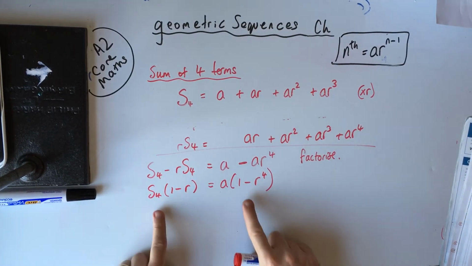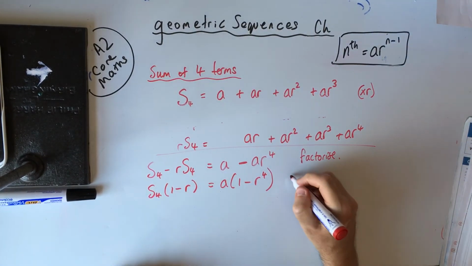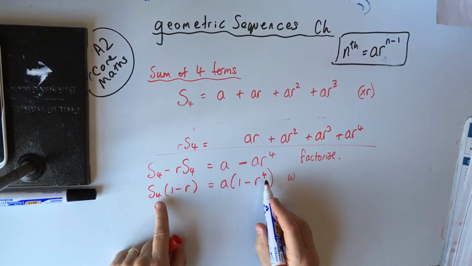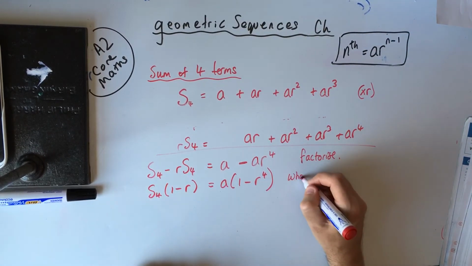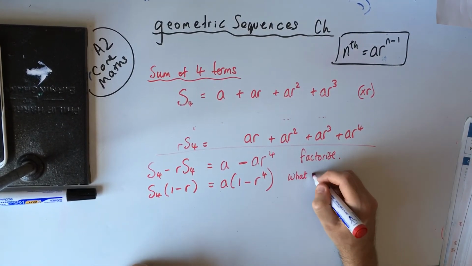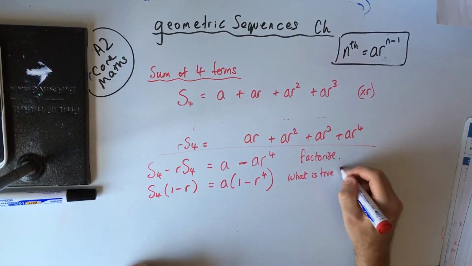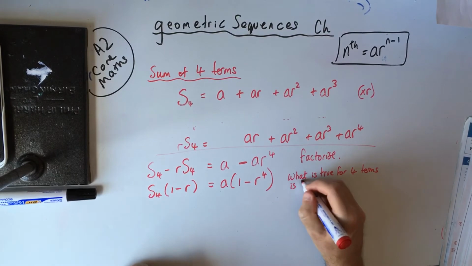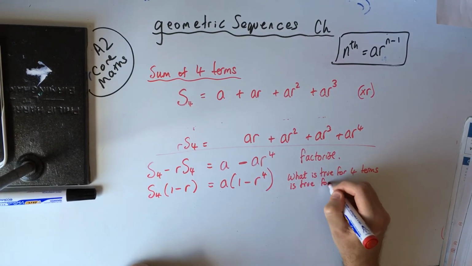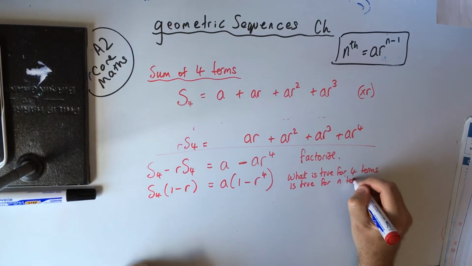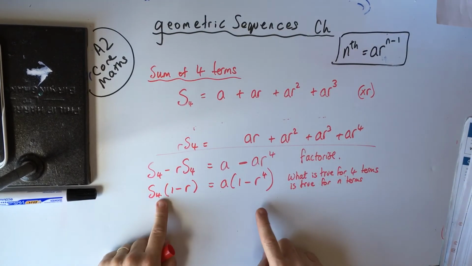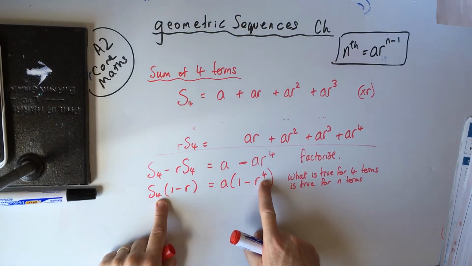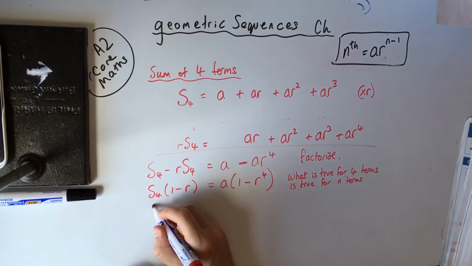So we factorise both sides, and then because we've cheated and done a 4 in there instead of n, we've got to make a statement now. What is true for 4 terms is true for n terms, because if we'd used 5 terms it would just be the same, but there'd be a 5 in there, or 6 terms, but we've used n terms.